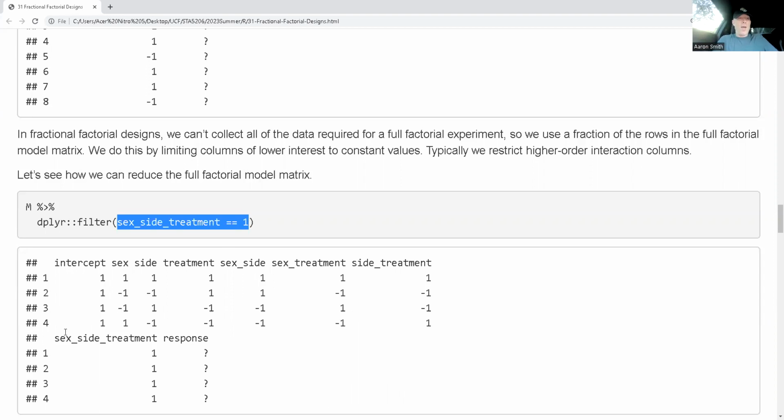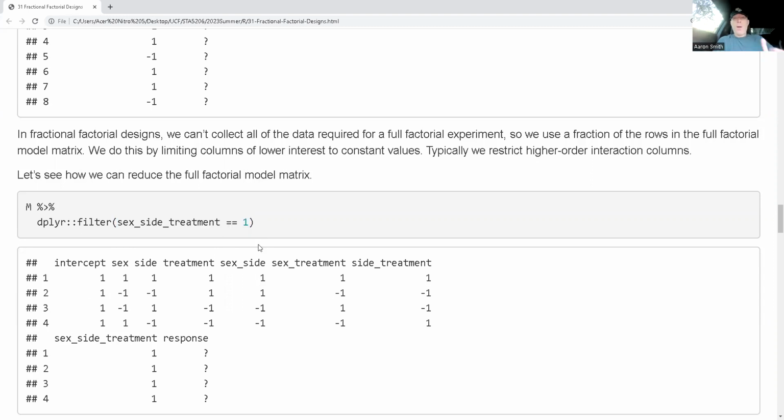Here you'll notice that I'm taking the three-way interaction, and I'm going to restrict my rows only to the case where the three-way interaction is equal to 1. Now, I could do 1 or -1. I chose 1 because it's a little bit easier to see a point that I'm going to be driving at in a moment, but it'll work out either way.